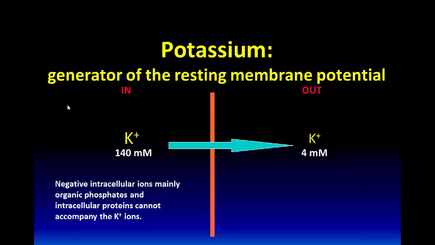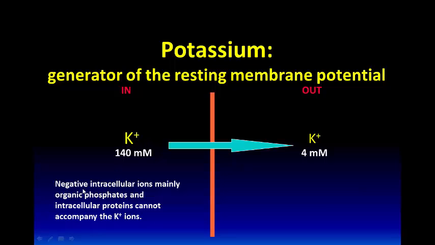So having said so, potassium ions move across the membrane from the sarcoplasm out into the extracellular fluid down their concentration gradient, carrying with them positive charges, because potassium ions are positively charged ions.